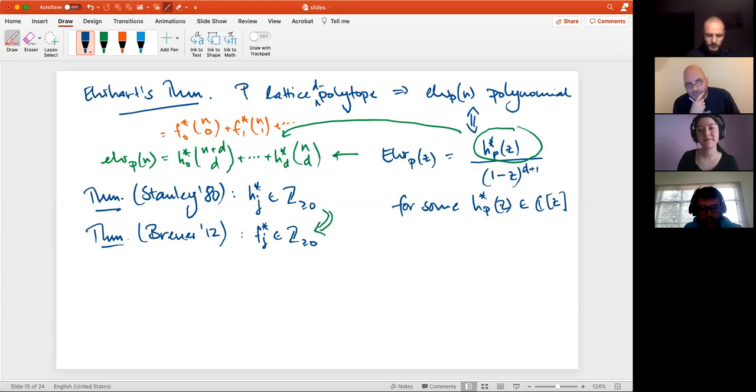In some examples, this can be done rather easily, and in other examples, you have to work a little more. But at least in some convoluted way, there's always a counting interpretation for these coefficients.